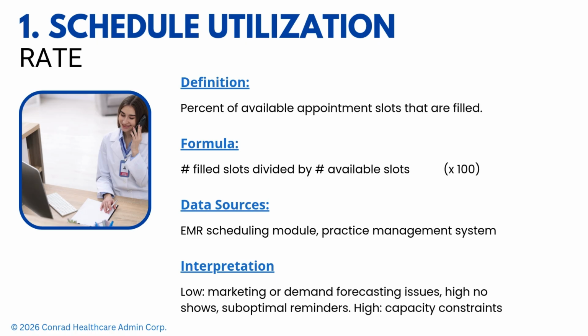It can be due to a high number of no-shows, or maybe we're not optimizing appointment reminders, which is causing more no-shows. It could also be that we need to be in network with more insurance plans. If we have a high schedule utilization rate, it can indicate capacity constraints. So there might be a need to add an additional provider or an additional location.